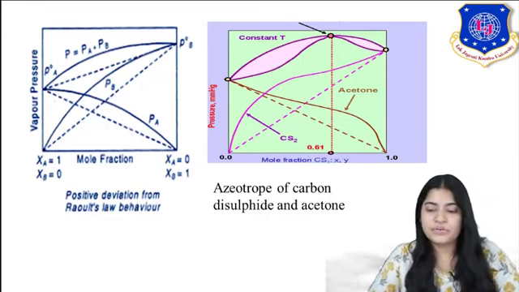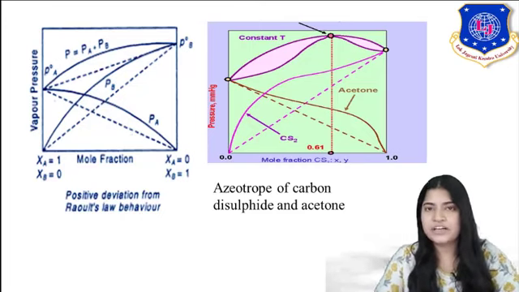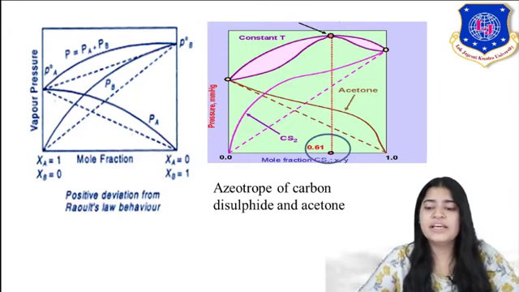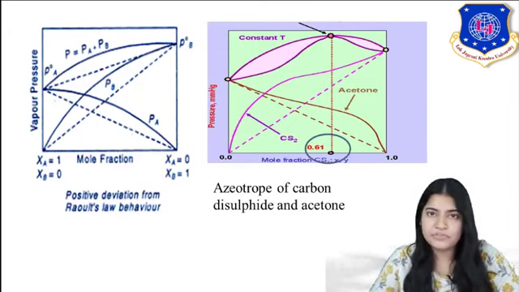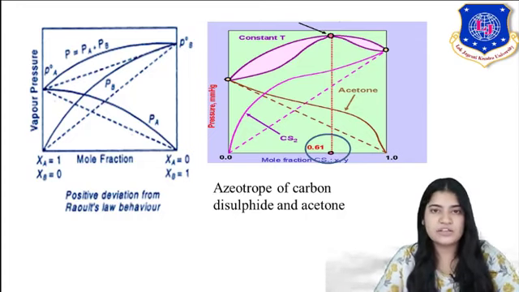Correspondingly, in the example you can see acetone and CS2. Straight line, ideal condition; upward curve for acetone and CS2, you can see it is upward. It means it shows positive deviation. Now you can see the azeotropic condition. The above figure is for vapor pressure. At 0.61 only your azeotrope is formed. The next curve is pressure versus mole fraction.